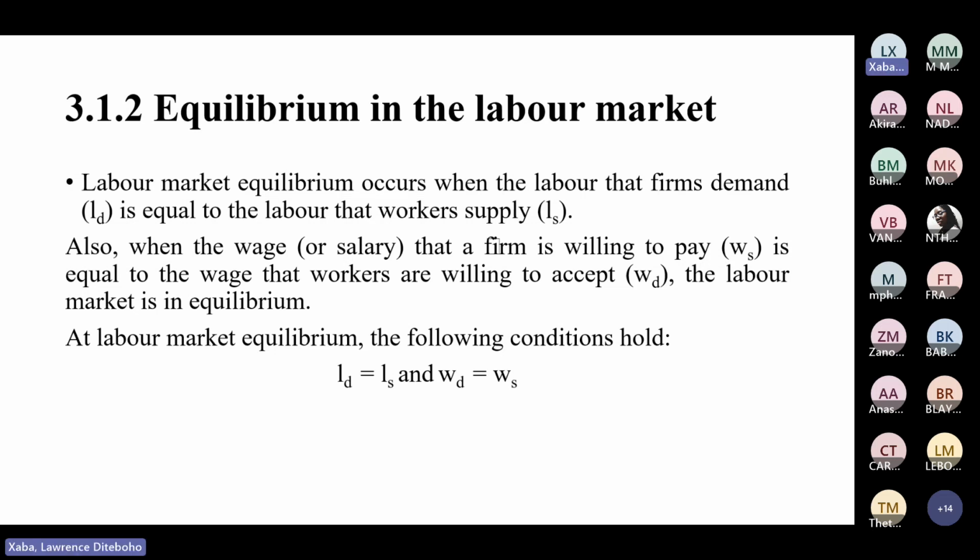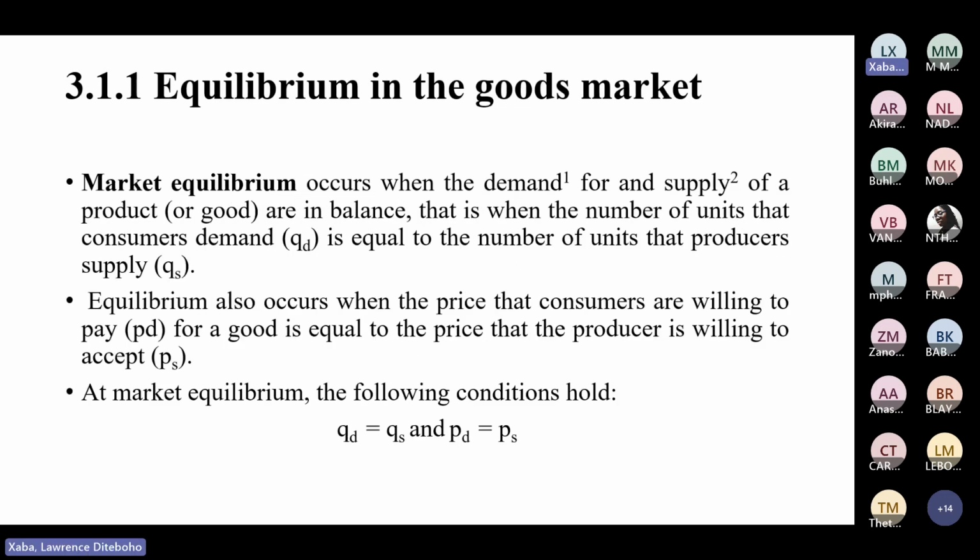Maybe the symbols are different, but the concepts and the application are still the same. Where they say the labor market occurs when the labor that firms demand, represented by L subscript D, equals the labor that workers supply, which is the same concept as when we were talking about equilibrium of a market.